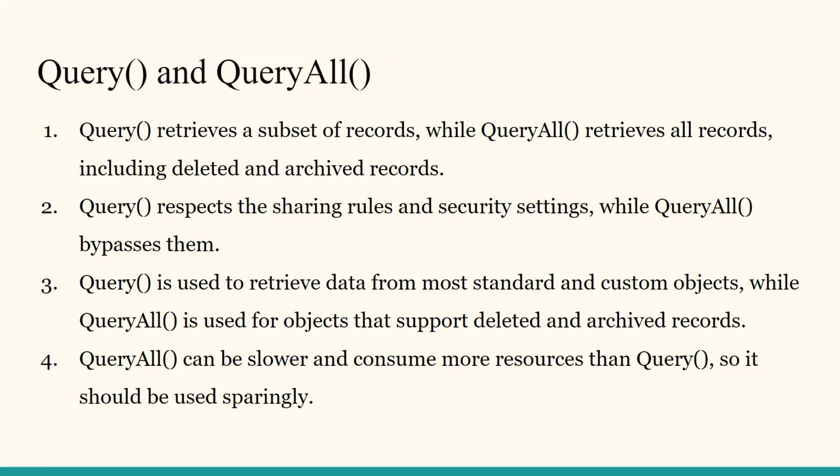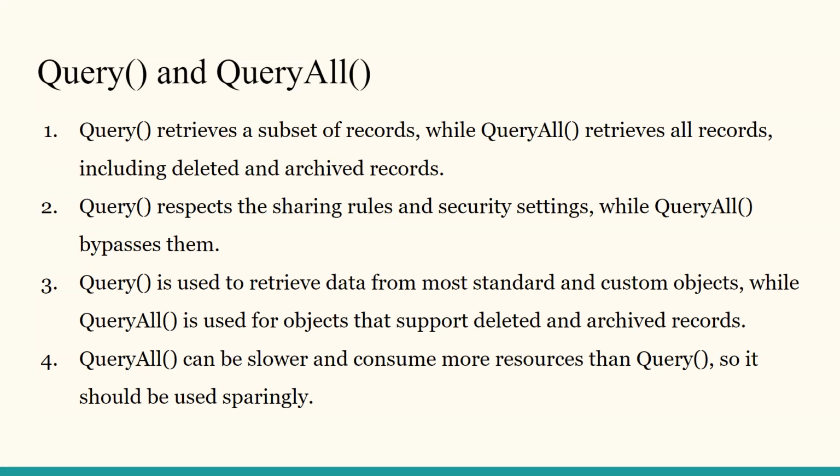Query is used to retrieve data from standard and custom objects, and it can retrieve up to 50,000 records in a single call. QueryAll, on the other hand, is an advanced method that can retrieve all records from an object, including deleted and archived records.